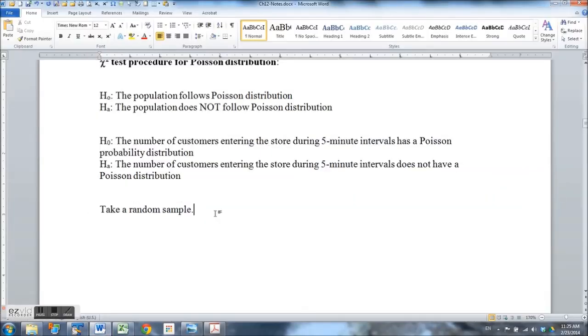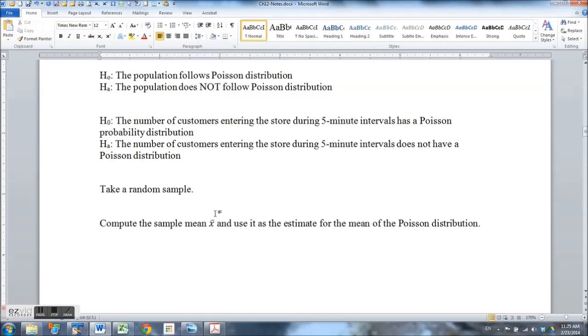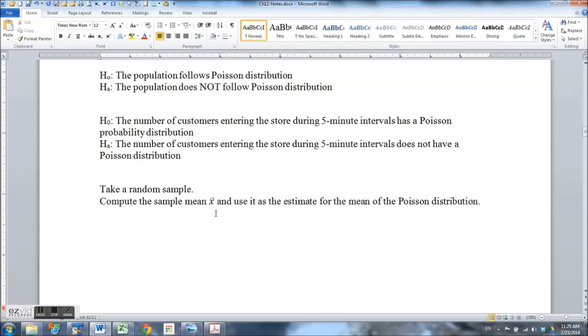The next step is to calculate the sample mean, and we will use that sample mean as our estimate for the mean of the Poisson distribution. If we have the raw data, if we have all the 128 5-minute intervals and the number of customers arriving in those intervals, we can simply add them up and divide by 128, and we will have the sample mean.